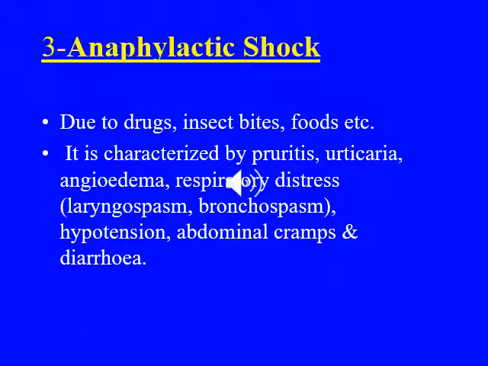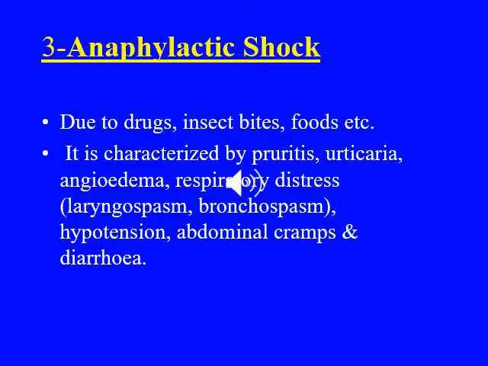Number three, the anaphylactic shock. It's a type of distributive shock, but it's caused by drugs, insect bites, foods, and different allergens that can cause anaphylaxis up to anaphylactic shock.